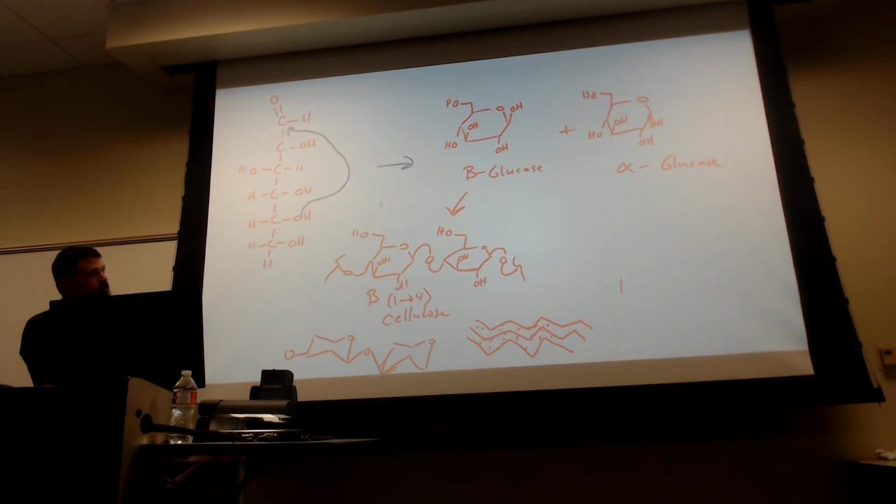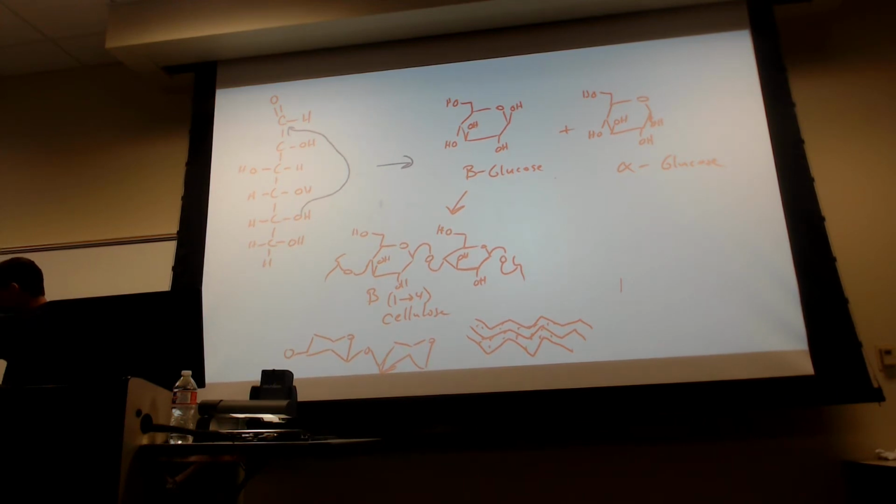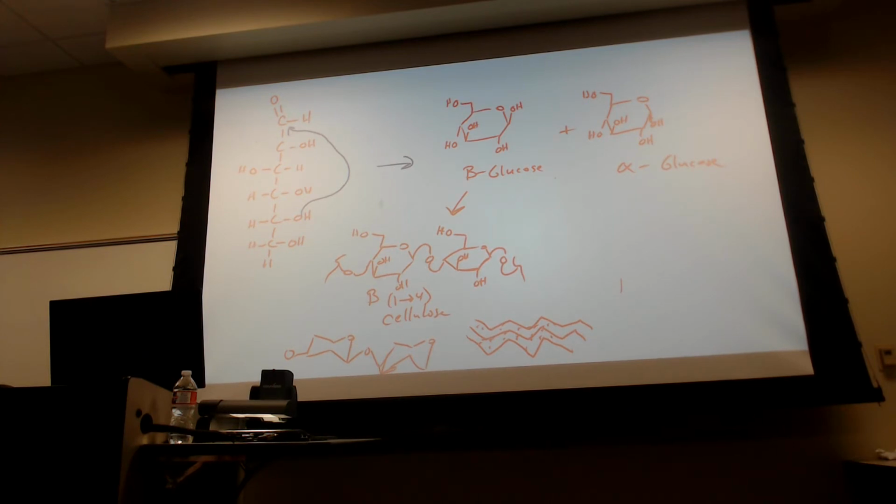So this structure here leads to these chair conformations that are very flat, and they stack on top of one another kind of in sheets like this. And what that does is it keeps water from getting in there. Actually, we don't have the enzymes in our digestive tract that could break this down, and many organisms don't.